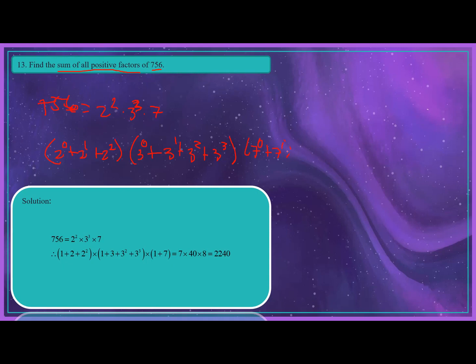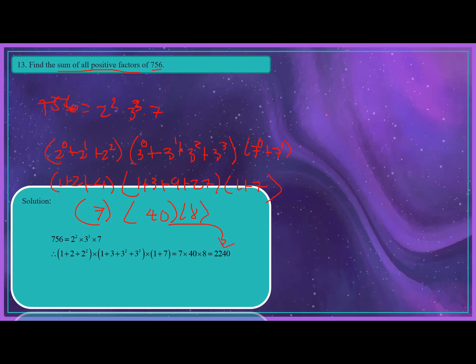So basically this is all you need to do. That's 1 plus 2 plus 4, and 1 plus 3 plus 9 plus 27, and 1 plus 7. So 1904.